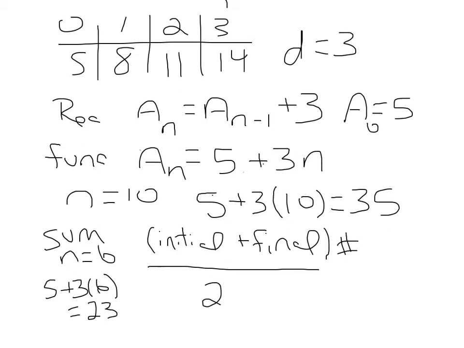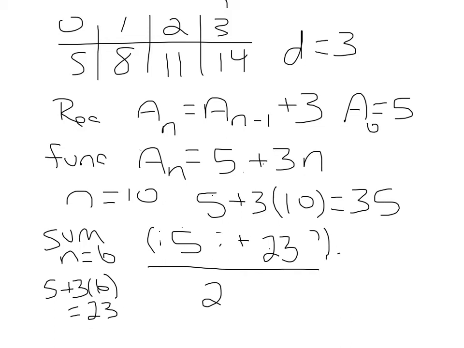So here's my formula. And let me erase and fill in. The initial term is 5 plus the final term, which I just found, is 23 times the number of terms.